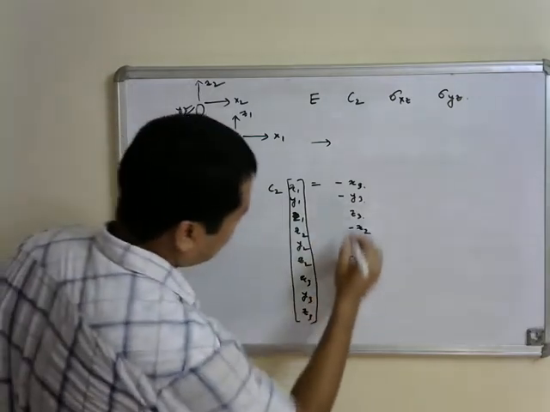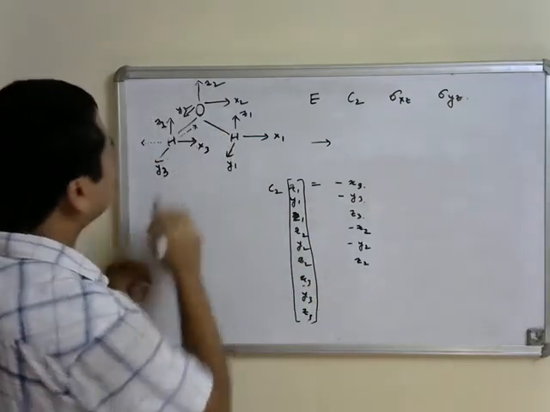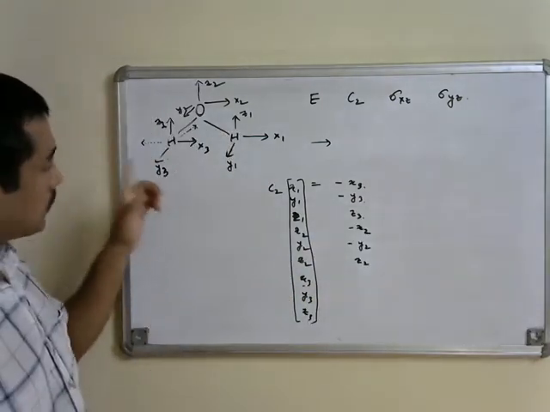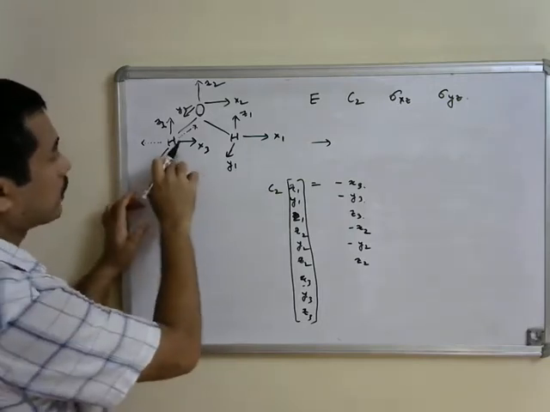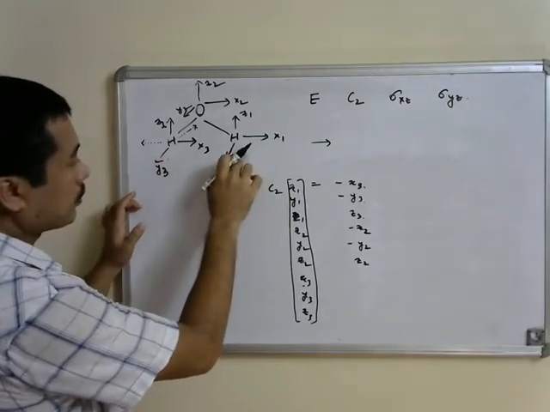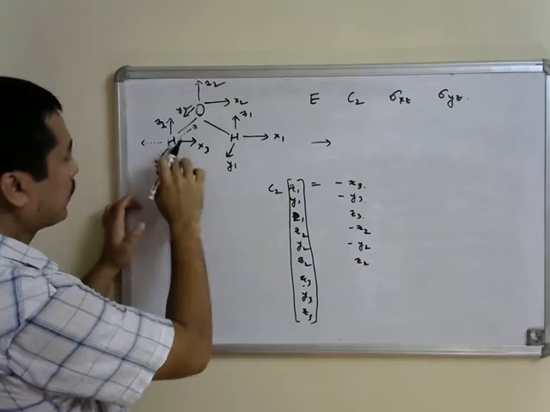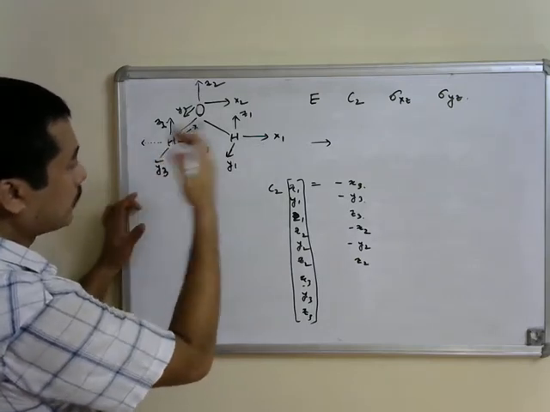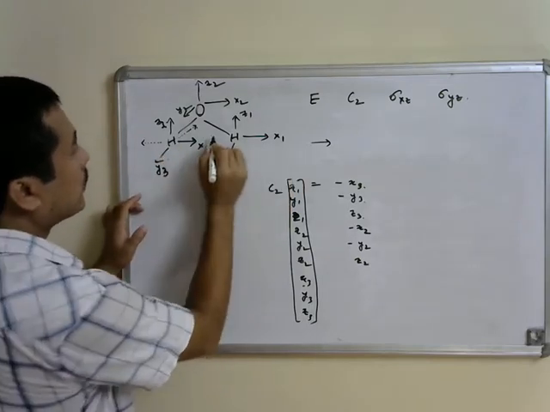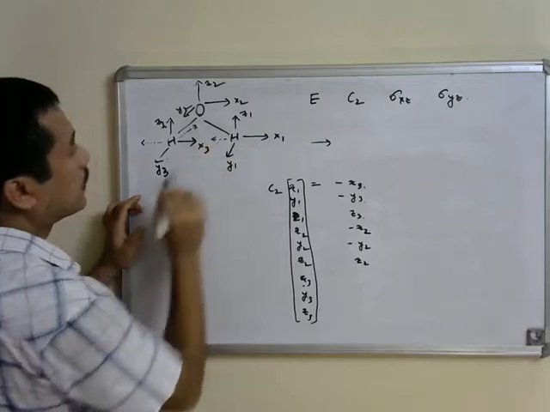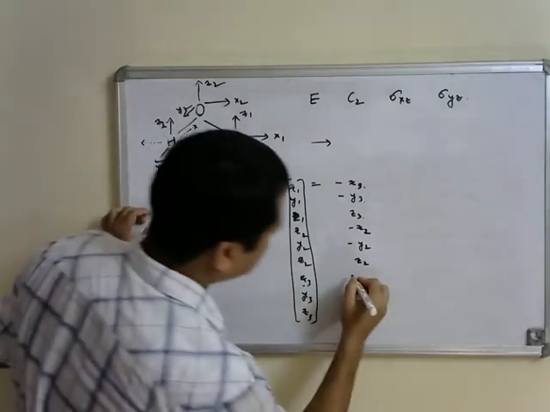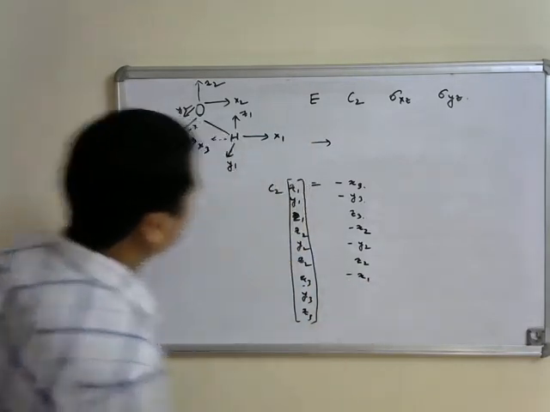So then we have to do X3. When we do the C2 operation, you see this hydrogen atom moves and reaches this place, while this one came over here. So X3, once we do the C2 operation, will reach this position, which is equal to minus X1.